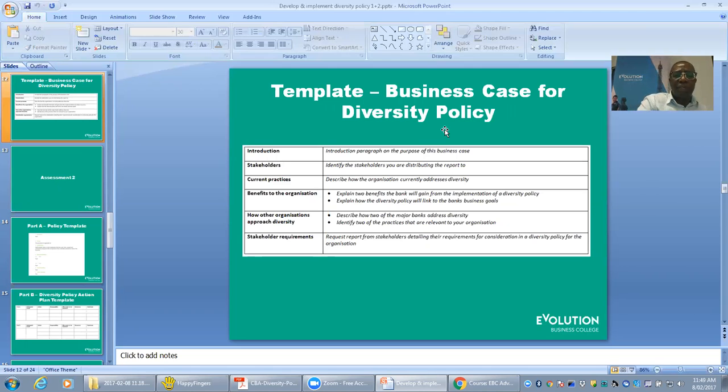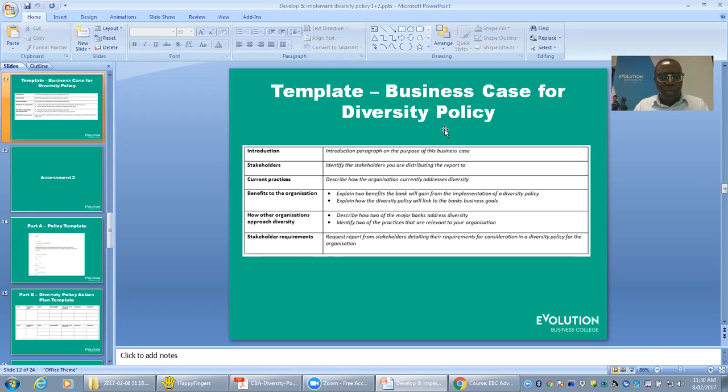And in your template, you have to specify the benefits to the organization of having a diversity policy. I think we've covered quite a lot on the types of benefits. Feel free to do thorough research. A diligent student does not just rely on the material given in class, but will delve deeper, research what other organizations are doing, and the work other researchers have done, so that you can get to grips with the material.